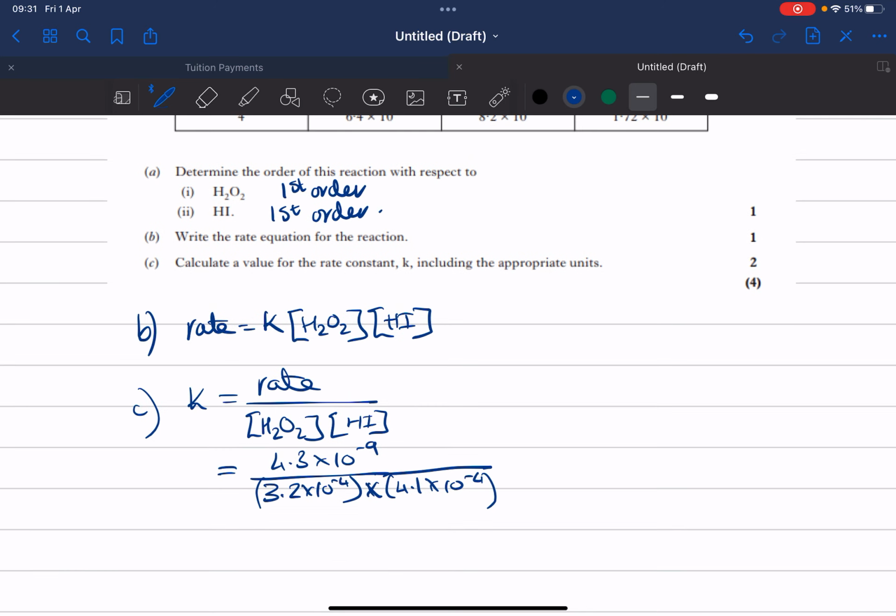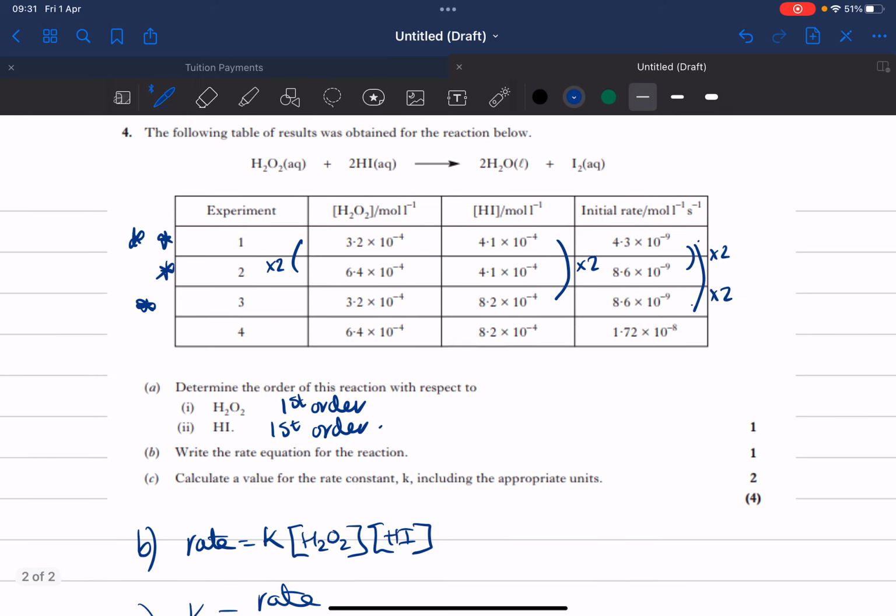Then if you put all of that into your calculator, so that should give you 0.0328.